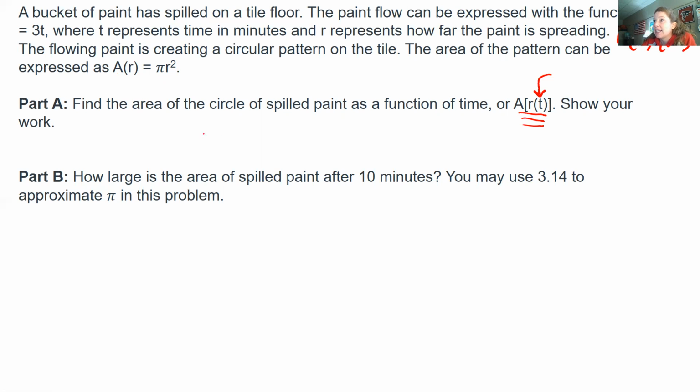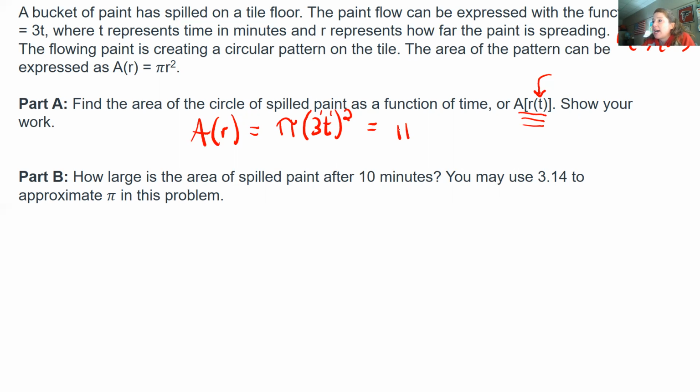We're plugging it in. So A of r is equal to pi times r squared, and r squared is going to be 3t squared. Do you understand? You take what's in the brackets and you plug it into the other one. So we are going to distribute that 2 to everything in the parentheses.